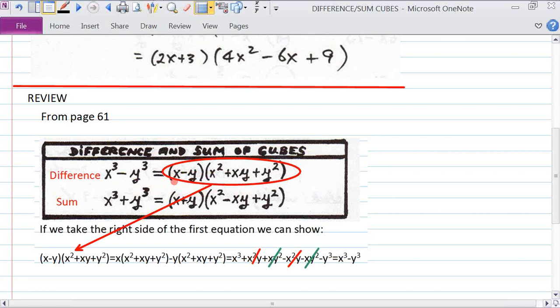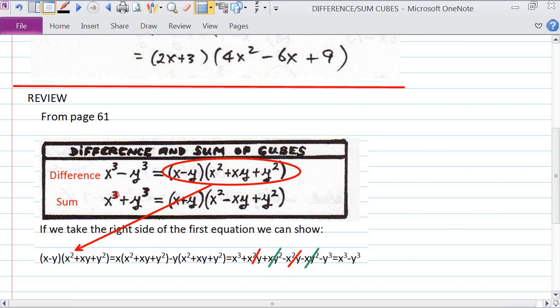Now I square this first term here, I get x squared. I multiply x times y and change the sign, and I get plus xy. And then the last term is squared, and I get plus y squared. So this sign is the same as this one, and this one is opposite to that one.